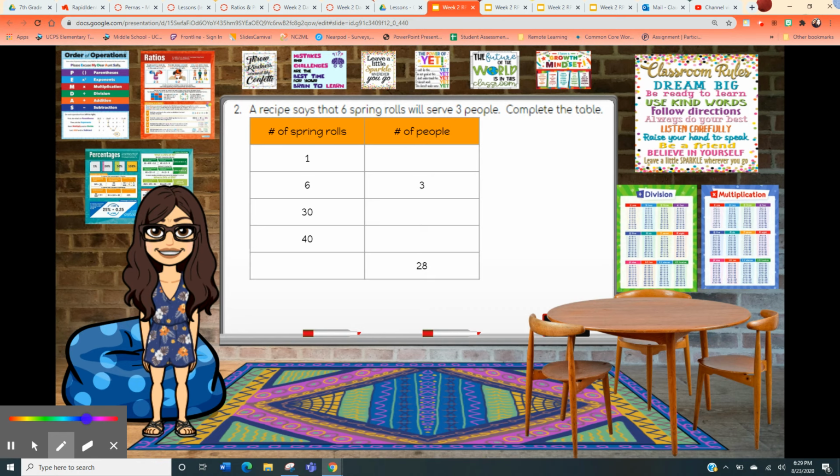Let's see. So remember, we always want to start with figuring out how to go from our second number to our 1. So in order to go from 6 to 1, I know I'm going to need to divide by 6 because 6 divided by 6 gives me the number 1. So whatever you do on one side, you're going to do on the next.